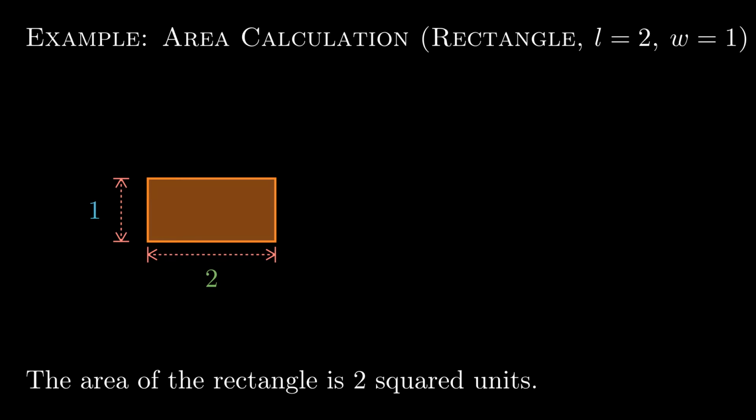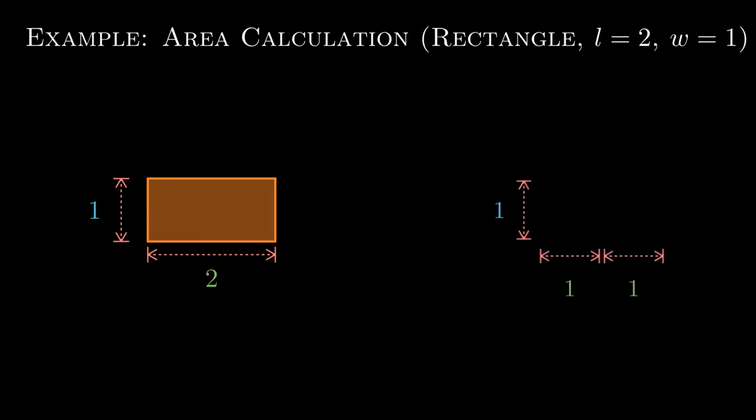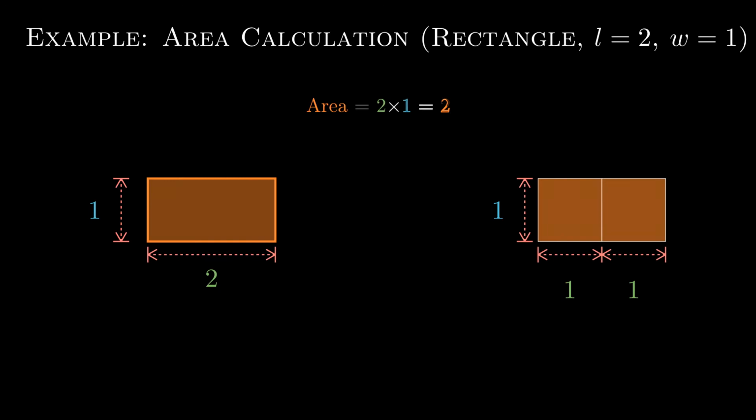You decompose this rectangle into unit squares, and because you know the area of a unit square, you're able to know the area of the rectangle. Here you can fit 2 unit squares, so it's basically 2 squared units.